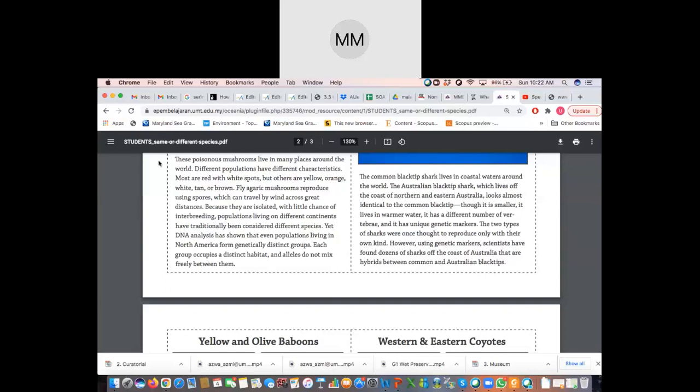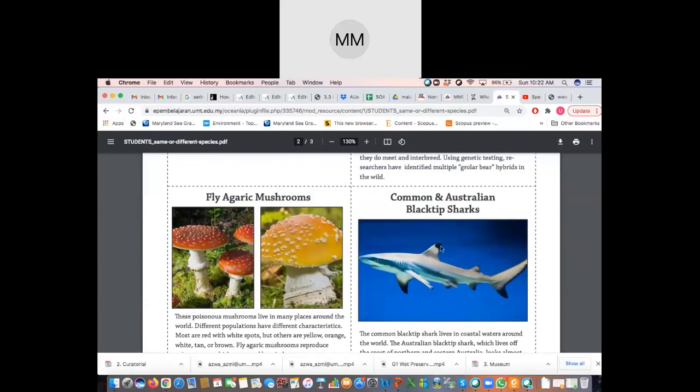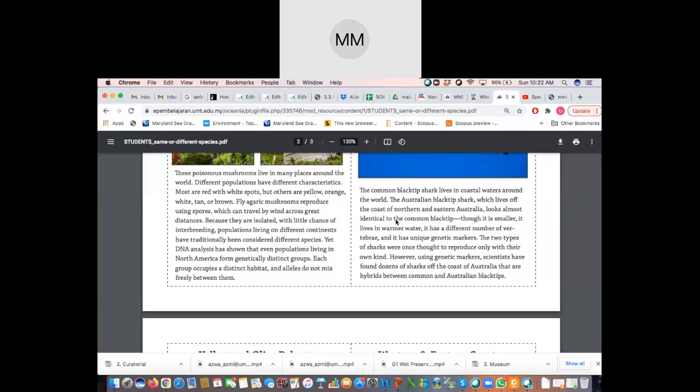Interesting. When you're giving me these answers, can you also back it up with why? What are your keywords that you're using to say if it's similar or different? Again, remember the keywords. Okay, they live off the coast of northern and eastern Australia. Okay, and then looks almost identical. Fine.